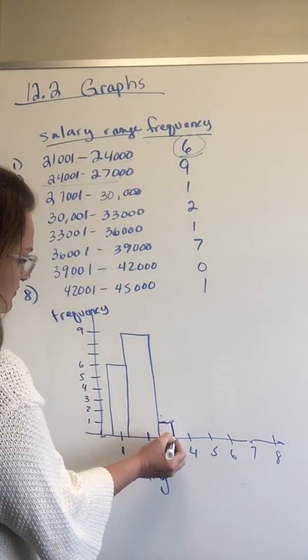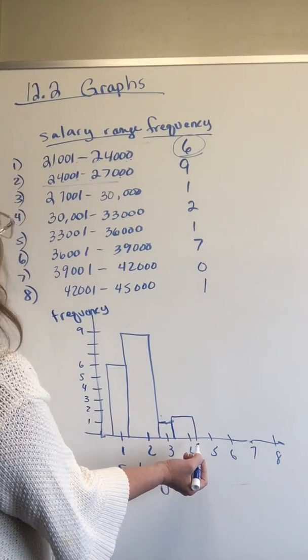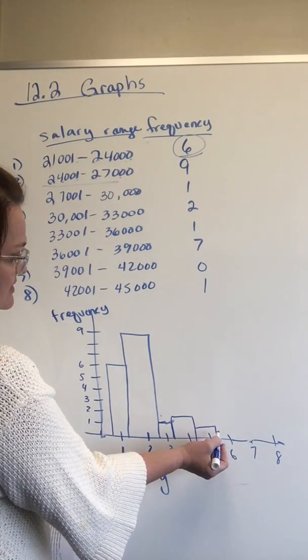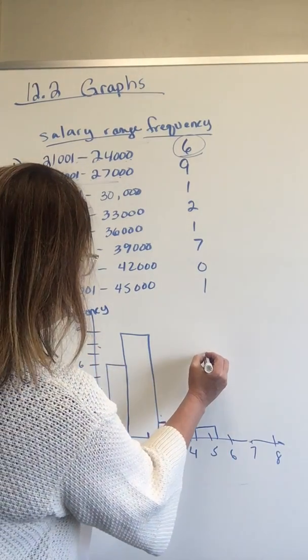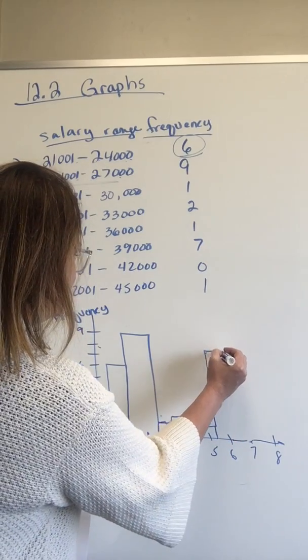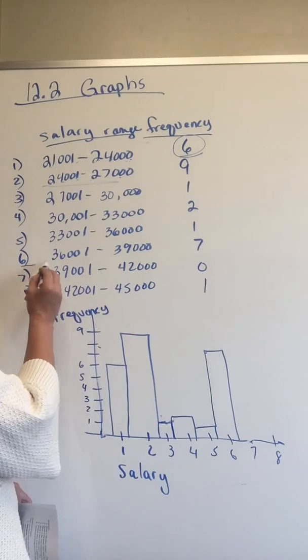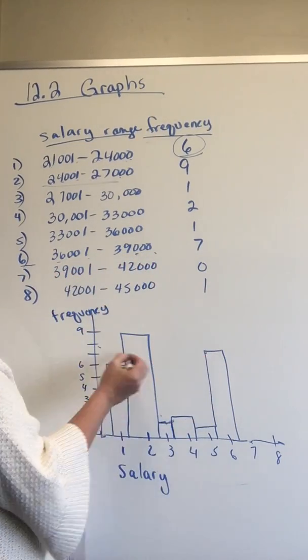Not so perfect. Okay, number 4 is up to 2. Number 5 is up 1. Number 6, 7. Okay, that's where I get in trouble because I can't see perfectly there. Looks like about right there is 7. Class 6, the 36,001 to 39,000, should have been up 7.